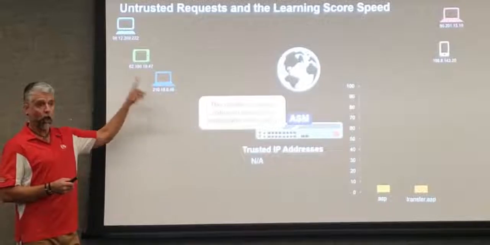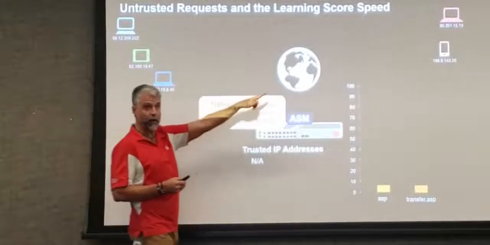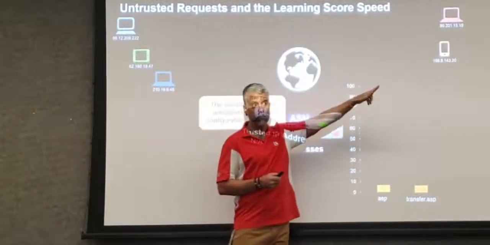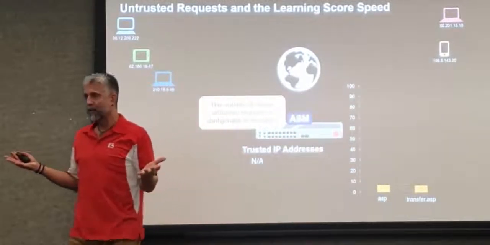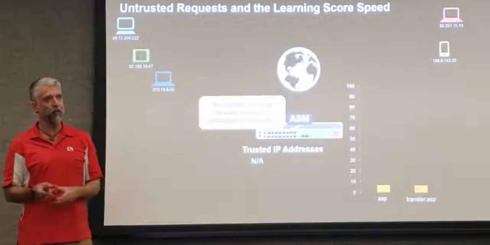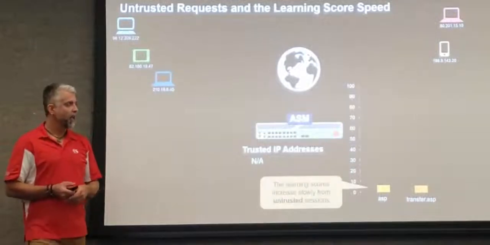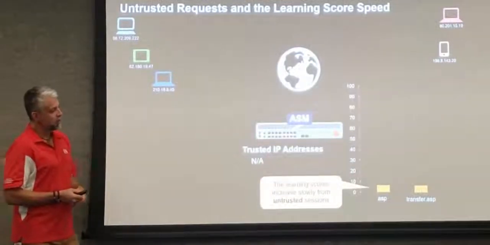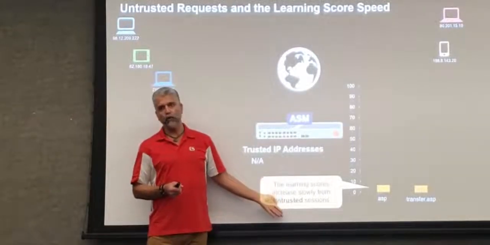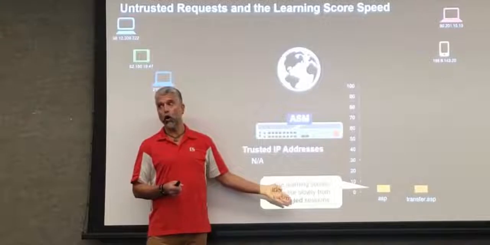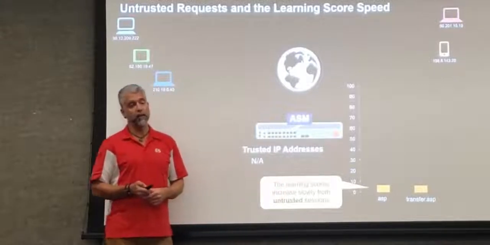That number of unique requests needed to do that is configurable. I can make it 5 requests, I can make it 50 different unique requests to generate a learning score entry. The rule of thumb is that those learning scores go up much slower from untrusted requests.